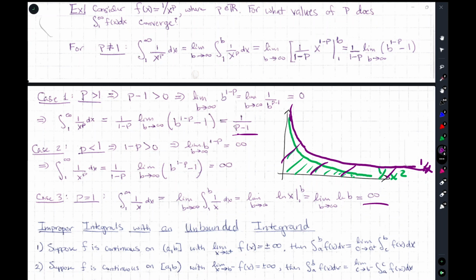So any value p strictly greater than 1 will give you a bounded or convergent improper integral for that integral from 1 to infinity. And any value less than or equal to 1 will be divergent. Okay? So that's an interesting result there.